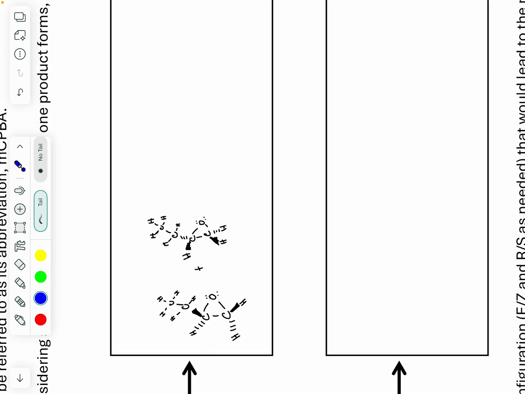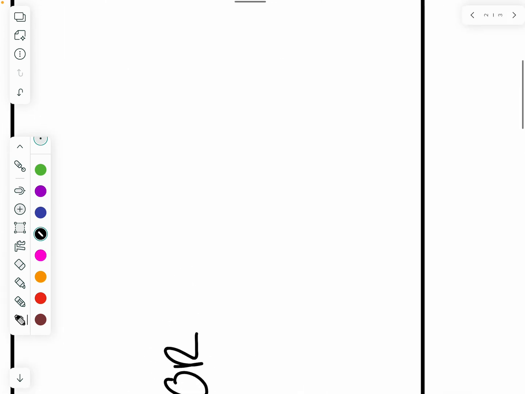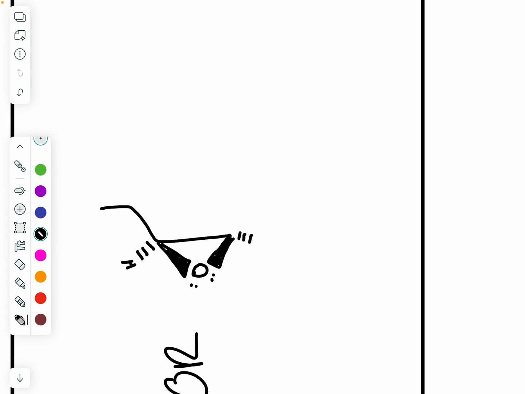Now I did mention that there is another way to draw this, where the dash or wedge bond is actually connected to the oxygen. So here's another way that you could draw it, and we discussed this in class. If we kept the line drawing, exactly like this.